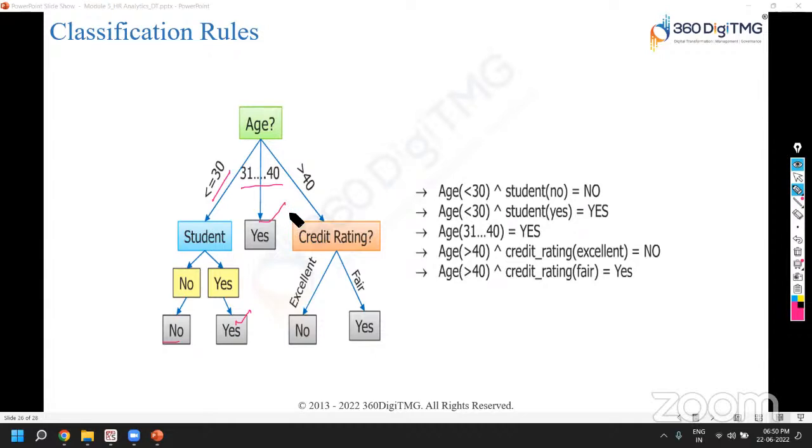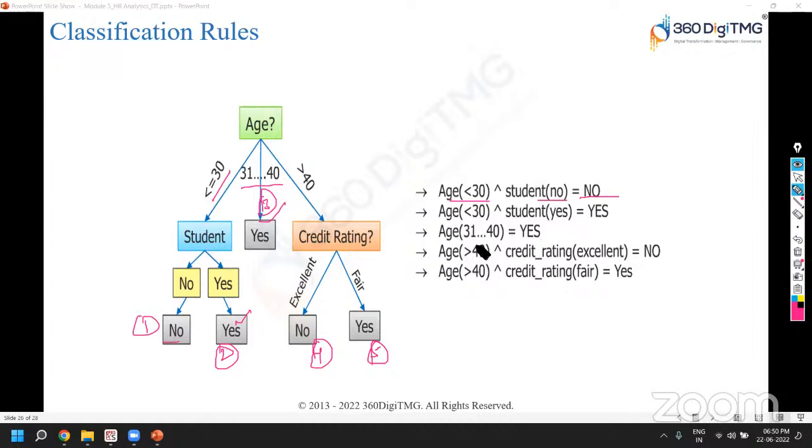That means, if I have to put it in the HR perspective, the use case that we are discussing, where we are trying to identify whether an employee is going to resign or not, then you have 5 different rules which can help us understand that a given particular employee will resign or won't resign. So if the age is less than or equal to 30, and it does not fall under student, then definitely we can say that the person is going to resign.